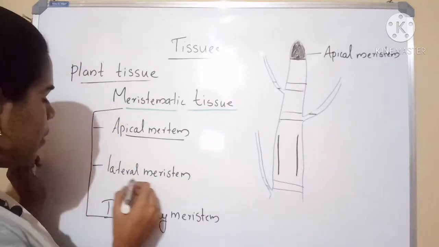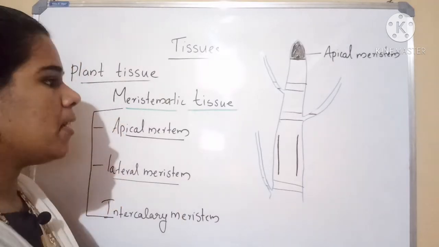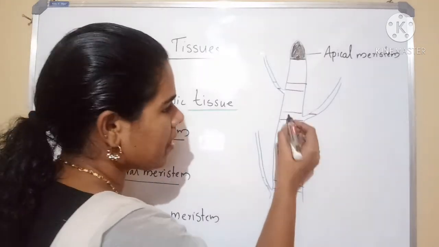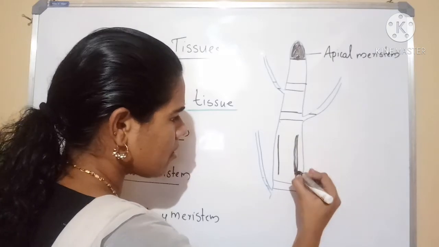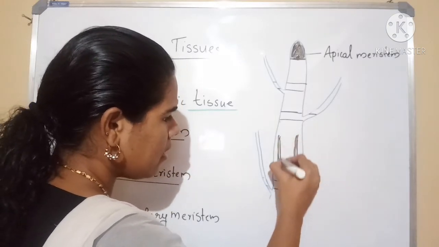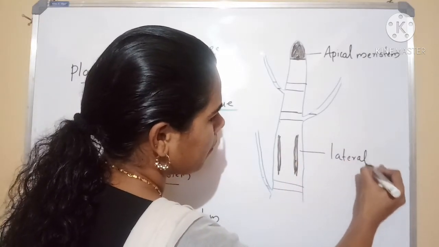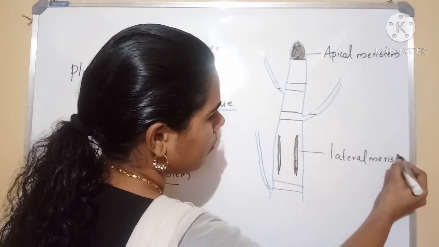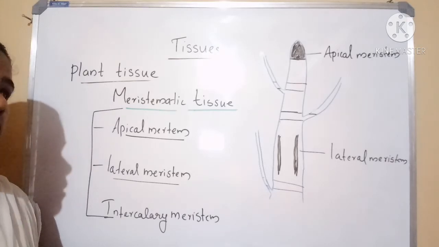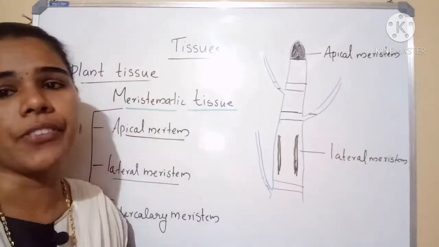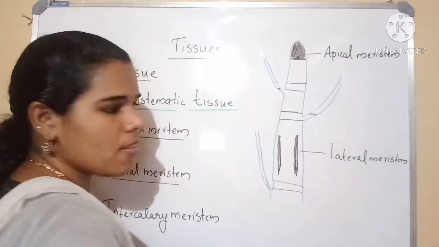Next we move to the lateral meristem. Lateral meristem is present in this portion, at the sides of the stem. So the first one is apical meristem, present at the apex of the stem, and the lateral meristem we can see at the sides of the stem.